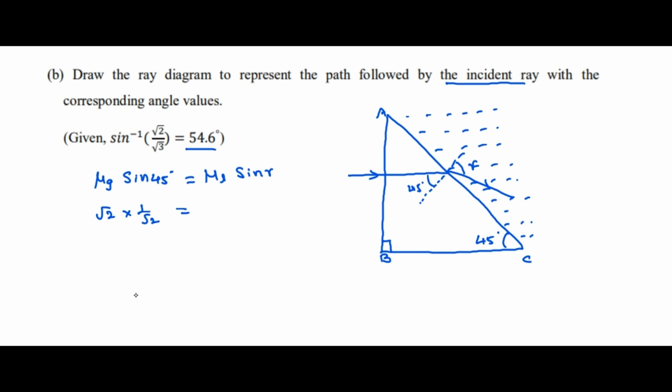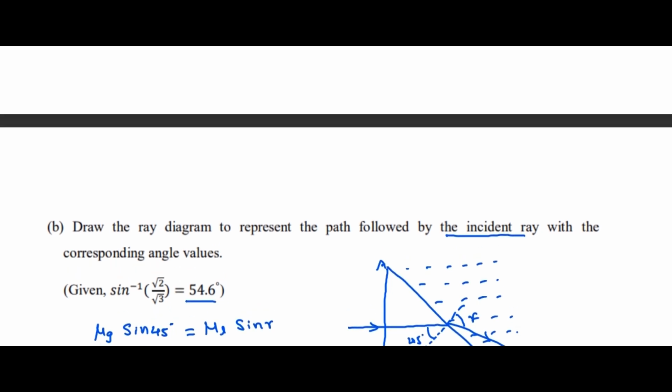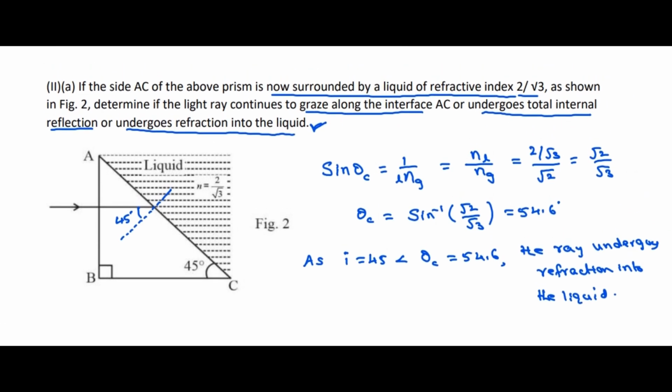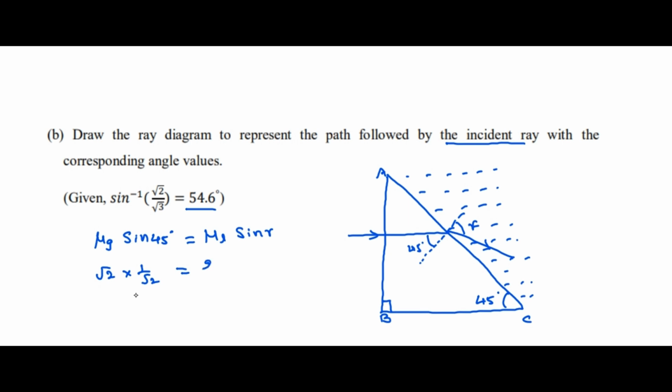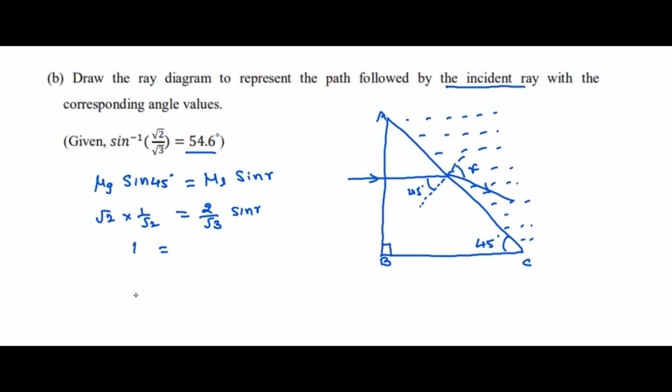Refractive index of the liquid is given as 2 by root 3, into sine R. So from this, 1 is equal to 2 by root 3 sine R. Sine R is equal to root 3 by 2. So that is nothing but R is equal to 60 degrees. This R value will be 60 degrees.